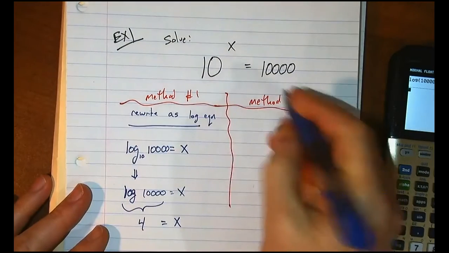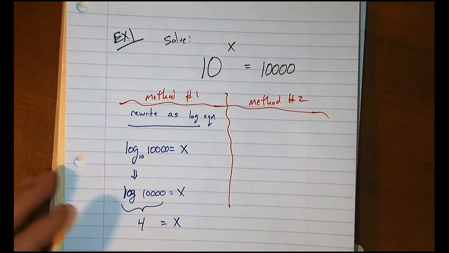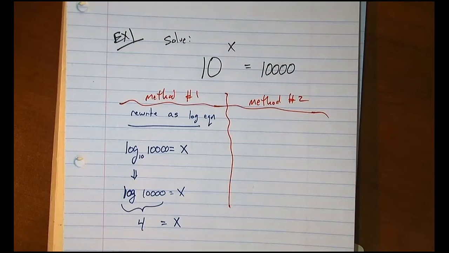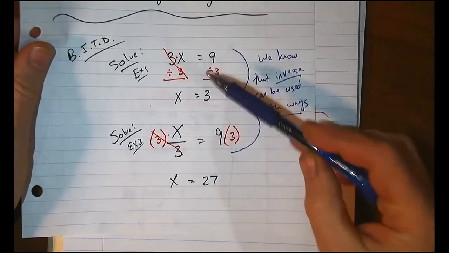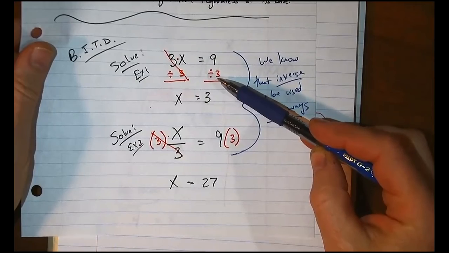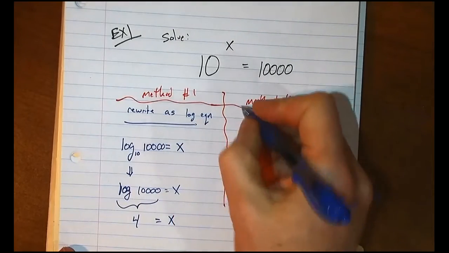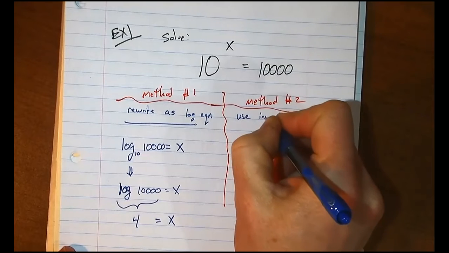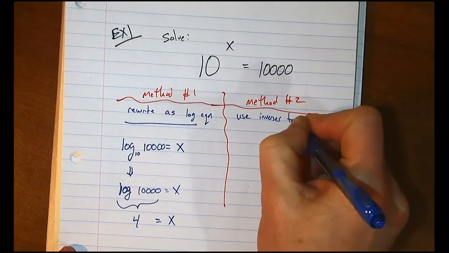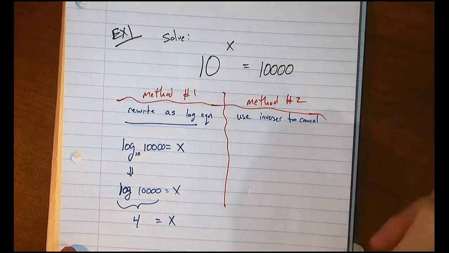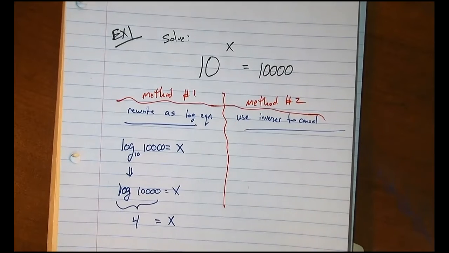Method number two is more like this multiply-divide example that we just looked at, like we learned back in middle school. It's to use the concept of an inverse to cancel. Instead of rewriting as a log equation, we're going to use inverses to cancel. Again, you can do this either way, it doesn't matter. They both work.